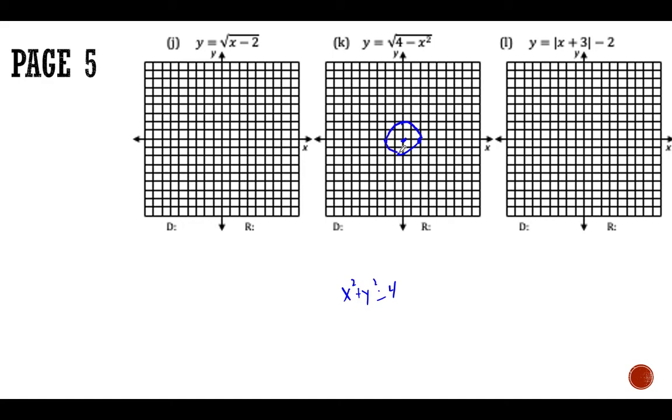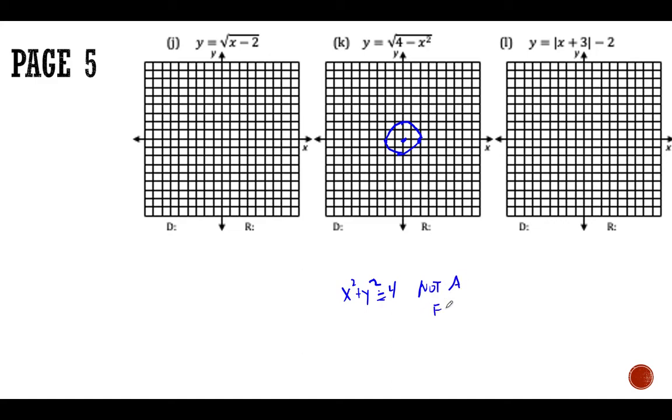And I get a circle of radius 2. But that is not this equation. Because this equation, the original, is a function. A circle is not a function.